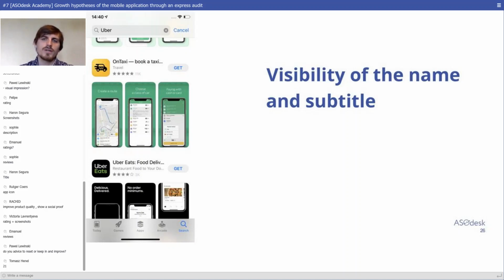However, in the search results, it's totally obvious what Uber Eats is about. So when you are creating a growth hypothesis for your app, you can always check this, as Tomasz perfectly noted, these 21 characters, what users will see in search results.